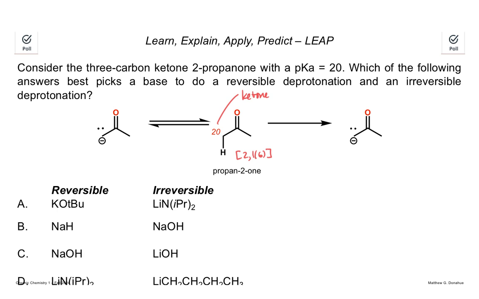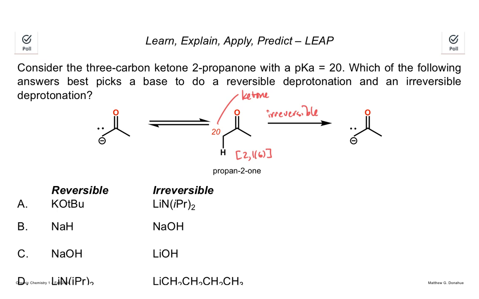And so the question is sort of double-sided here. If we want to take propanone and irreversibly deprotonate it, so that's what this arrow means, we want to form that carbanion exclusively. What base should we use to do that?